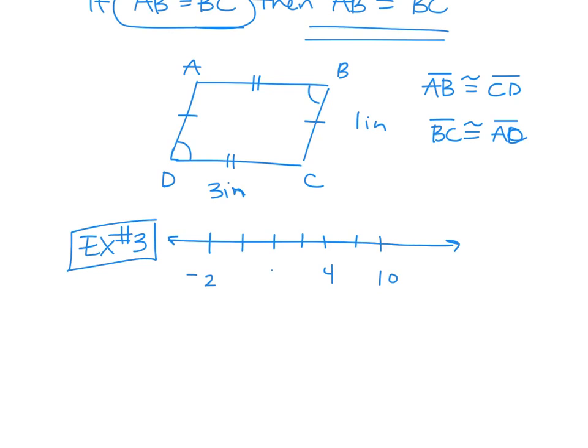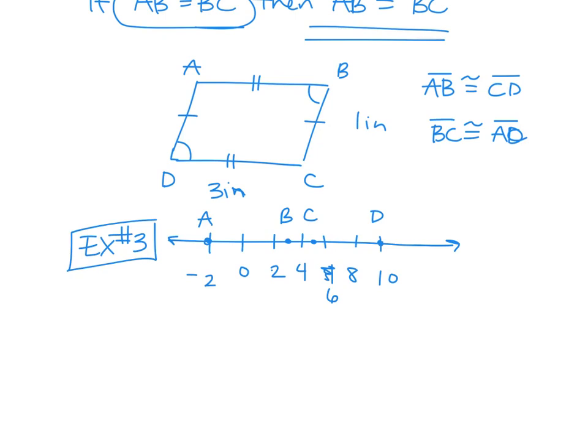Oh, that's not a 4. This is a 4. That's a 6. That's what I get for trying to skip. Okay, so we have all these points, and at -2 is point A. At 3 is point B. At 5 is point C. And at 10 is point D.